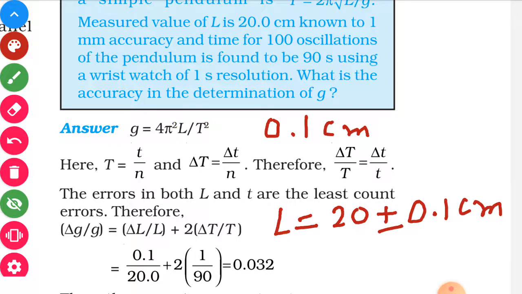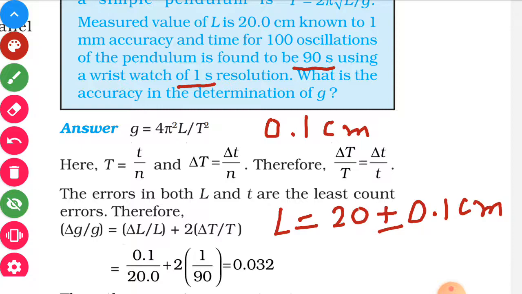Similarly for the time of the pendulum, 100 oscillations are measured, and the time for 100 oscillations is 90 seconds. Now try to understand, the resolution is 1 second, as there are 60 divisions on a dial.